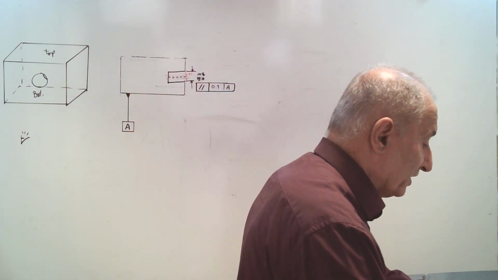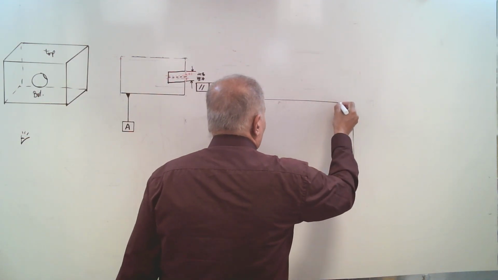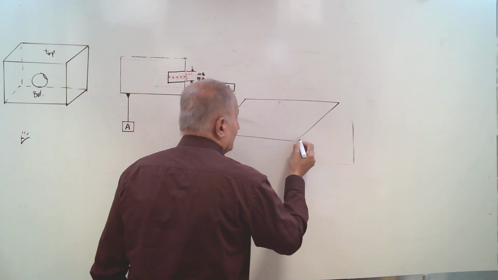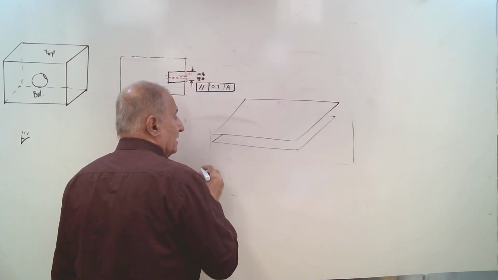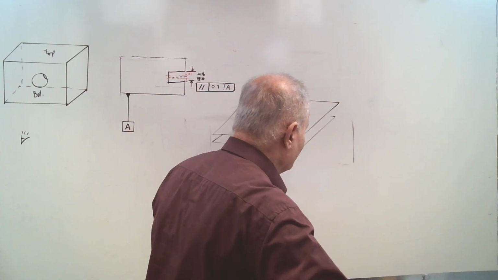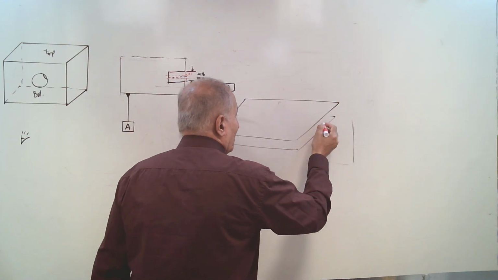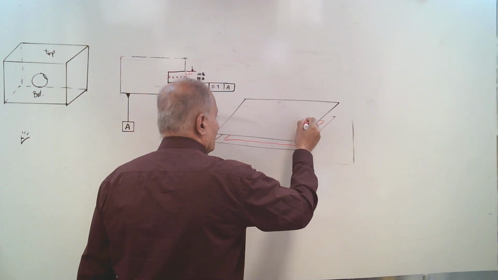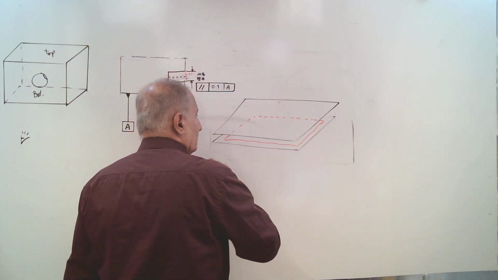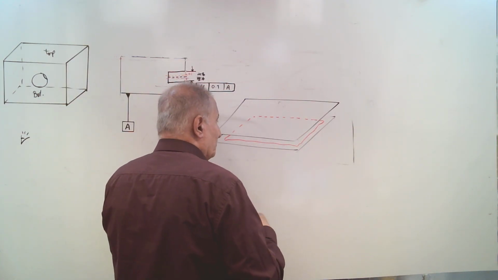We can show it like that. We have two parallel planes and the real surface, which is the center plane, a set of points, lies between them.